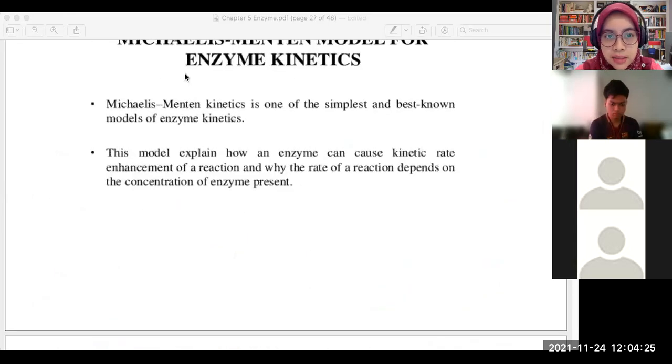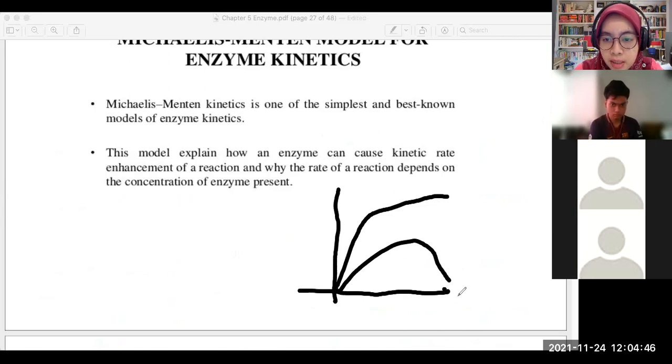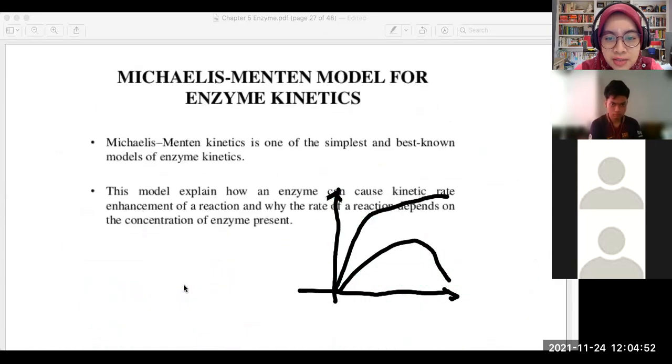For example, in the Michaelis-Menten graph, usually it looks like this. So we have the graph, and then we have the enzyme reaction rate, it can be like this or like this. And then what do we have more? Oh, substrate concentration.